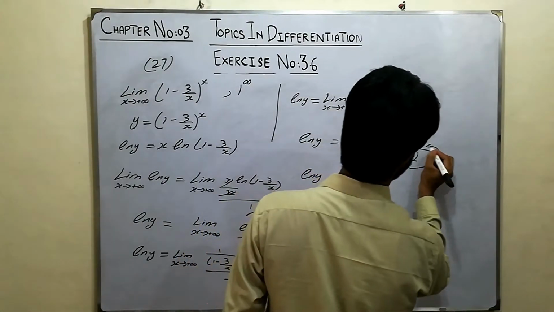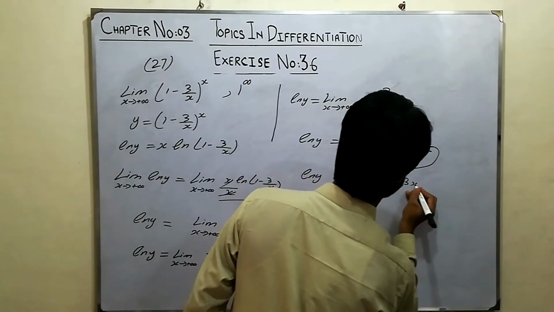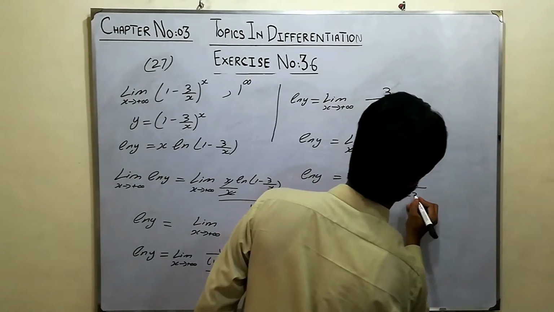This one goes to the numerator, so we have minus 3x divided by x minus 3.